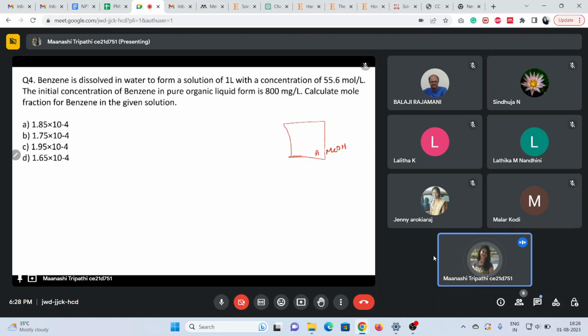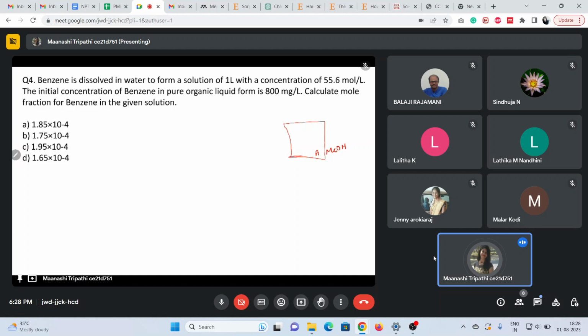So what is mole fraction? If there are 2-3 substances, mole fraction is the fraction of the target pollutant or target substance in the whole matrix. Here two things are present, right? We have H2O, and we have benzene, which I am writing as C6H6.